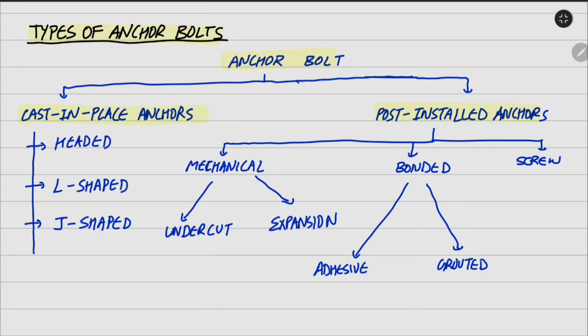Cast in anchors can be further divided into headed anchors, L-shaped anchors and J-shaped anchors, and post installed anchors can be further divided into three categories: mechanical anchors, bonded anchors and screw anchors. Mechanical anchors can be further divided into undercut anchors and expansion anchors. Bonded anchors can be divided into adhesive and grouted, and the third one is the screw type. These are the types of anchor bolts.